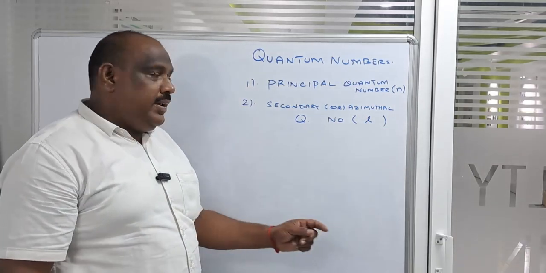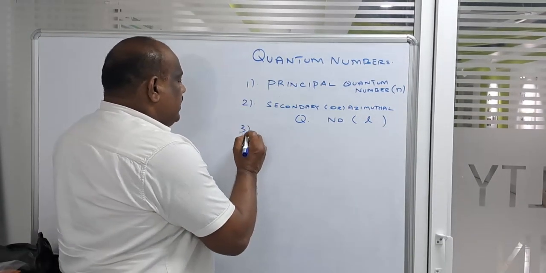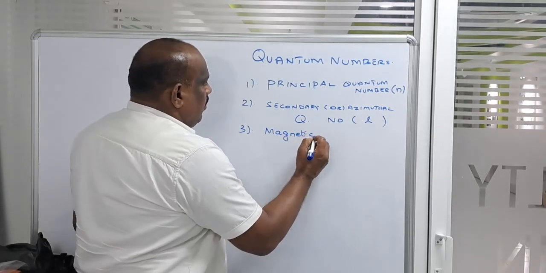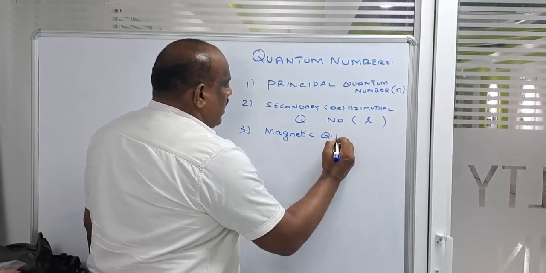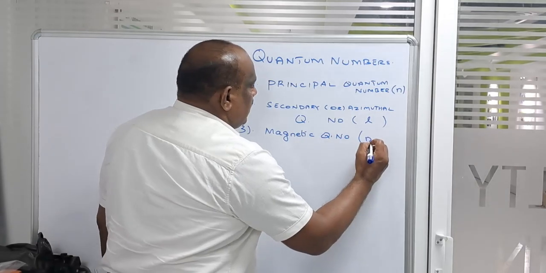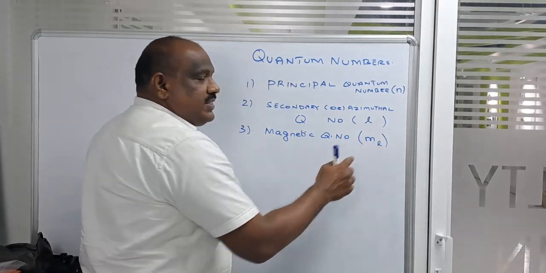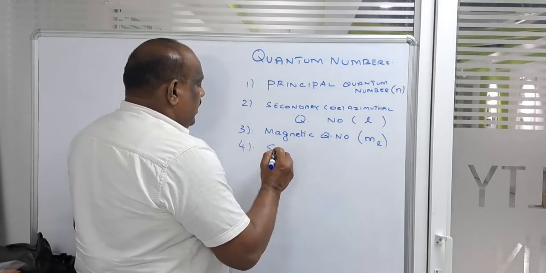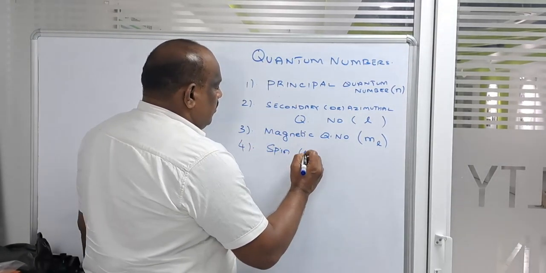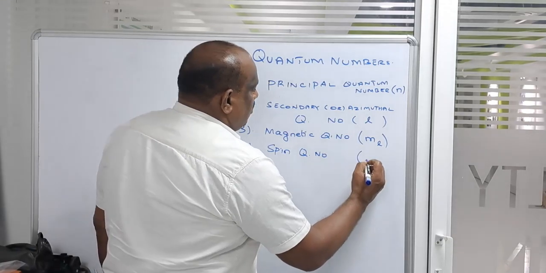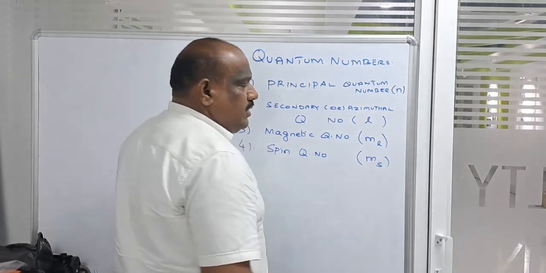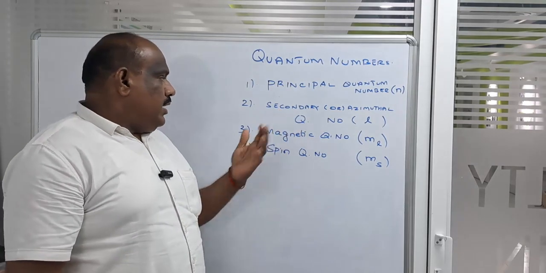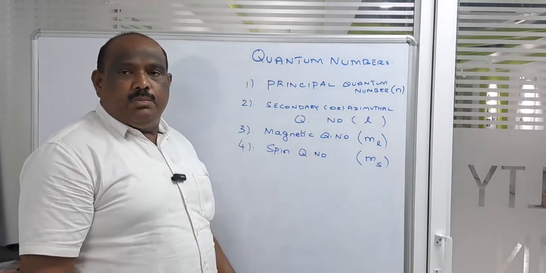It is indicated by a small letter l. Then the third quantum number is the magnetic quantum number. I will write the short form. This is indicated as m suffix l, the magnetic quantum number. Then comes the last one, the spin quantum number. It is given as m suffix s. So there are these four quantum numbers: principal quantum number, azimuthal or secondary, magnetic, and spin quantum numbers.